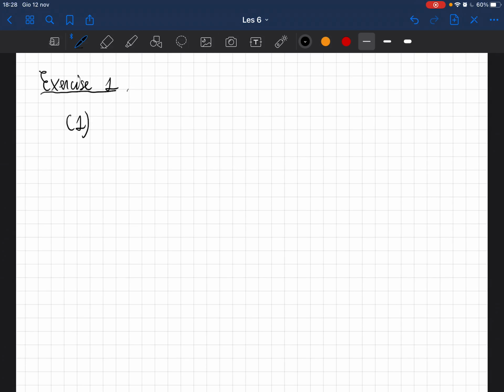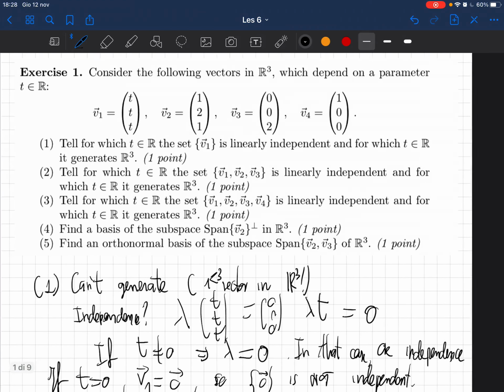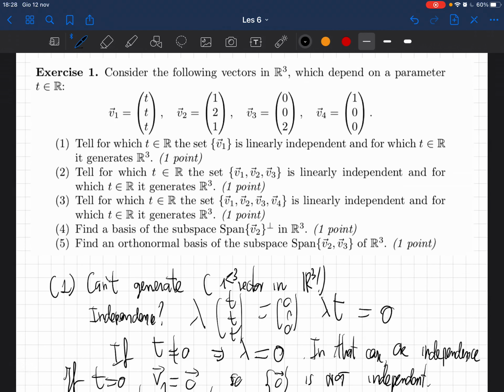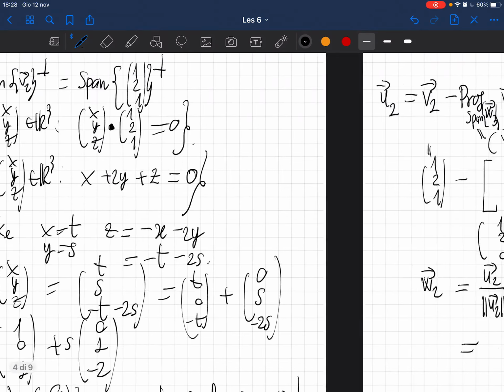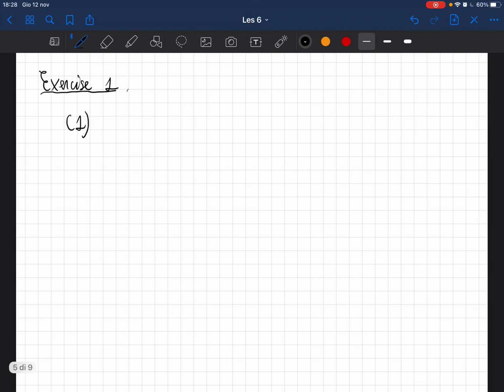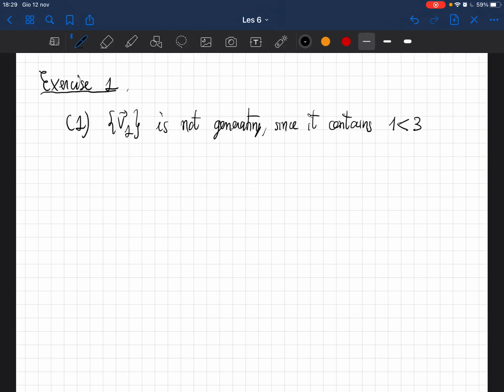So first, what was the answer? It's one vector, so it can't generate, and it's independent just if t is different from 0, and you can justify it this way. The one vector is not generating since it contains 1 vector, which is strictly less than 3 vectors.